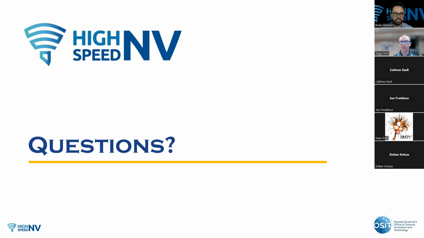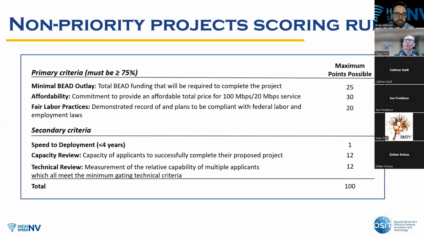Hey, thanks, Ziggy, for walking through all of that. Before we get to questions, I'll just offer one last piece of commentary on scoring as a whole, and where I would focus my attention as an applicant. Two of the larger scoring criteria are affordability at the 1 gig symmetrical level, and then fair labor practices. That's half of the scoring there.